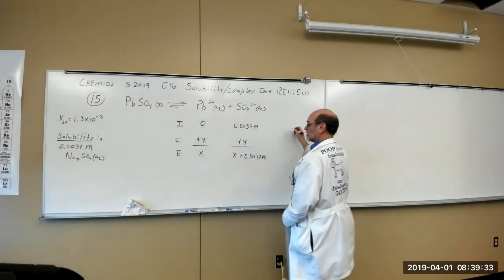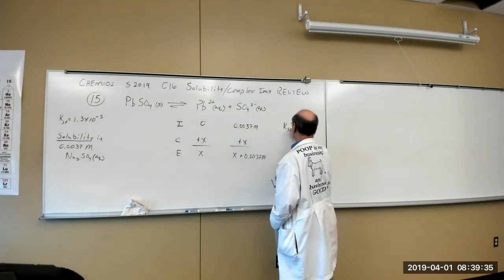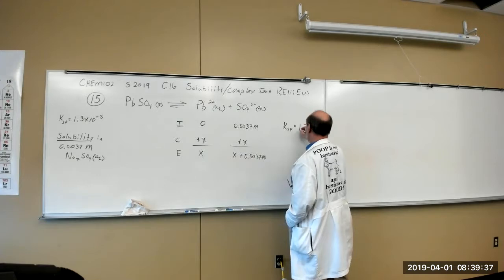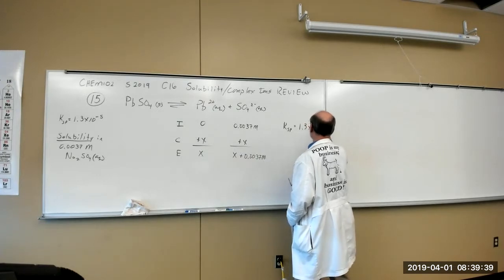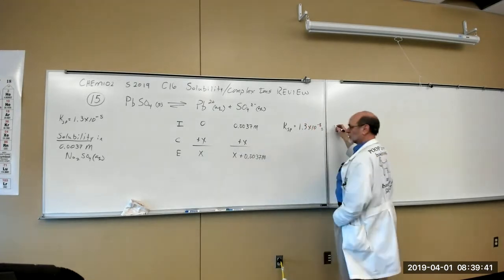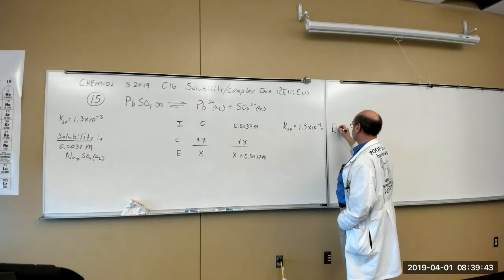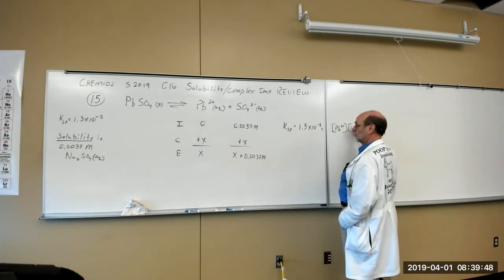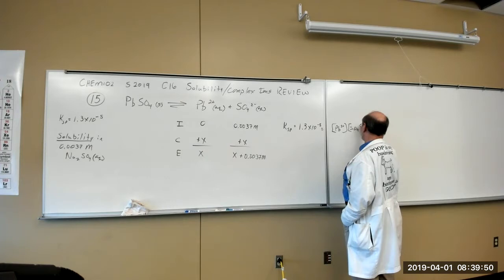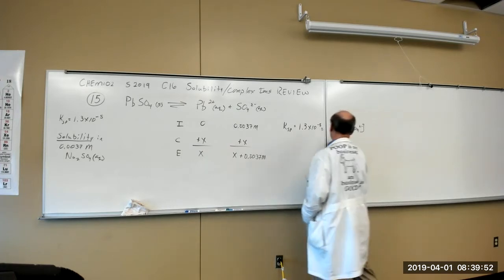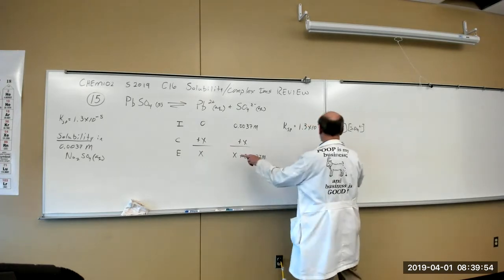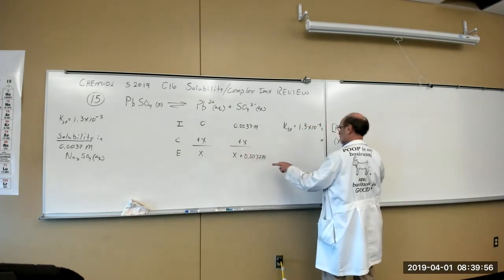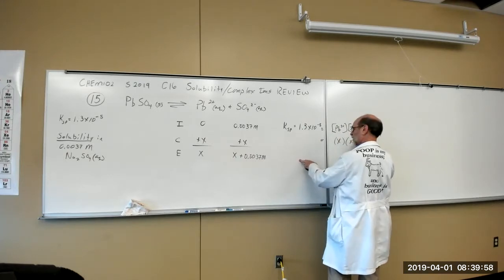So KSP equals 1.3 times 10 to the minus 8, which is equal to the lead concentration times the sulfate concentration, and that's equal to x times x plus 0.0037.